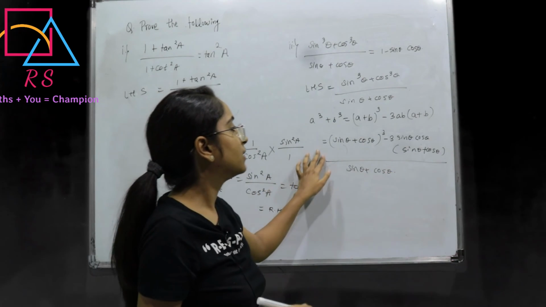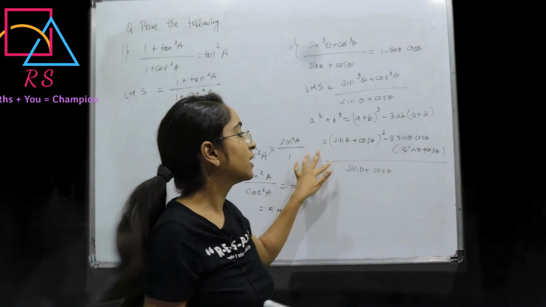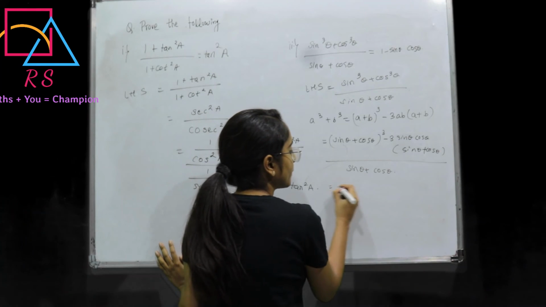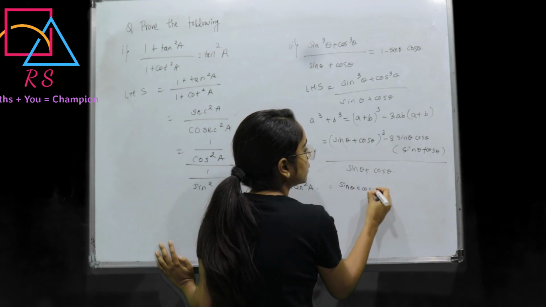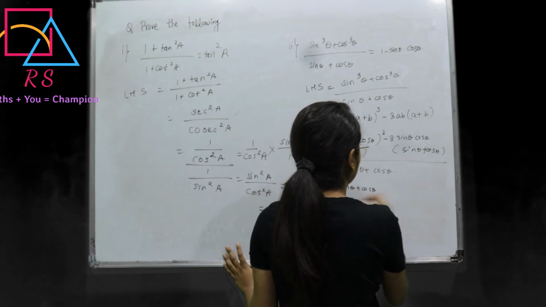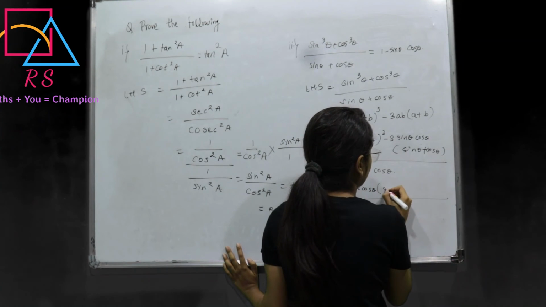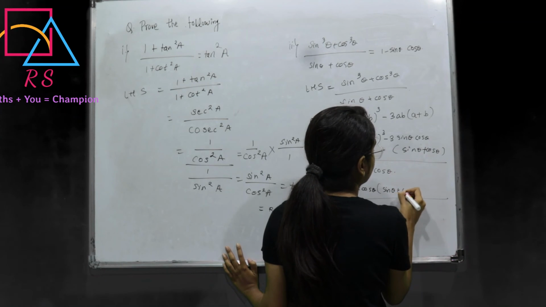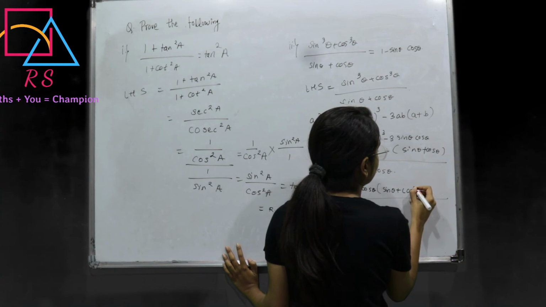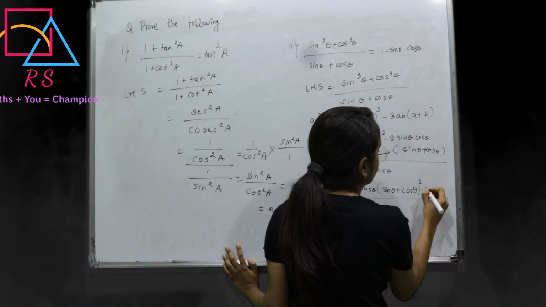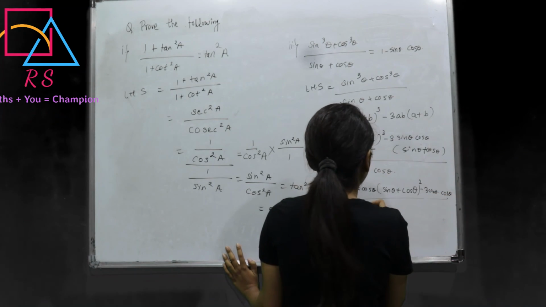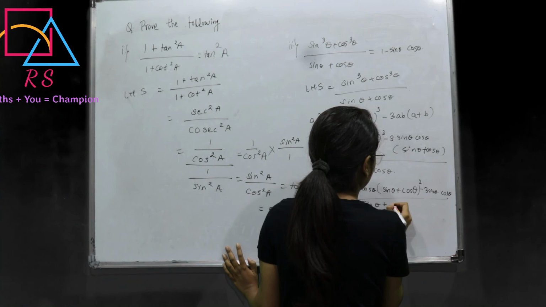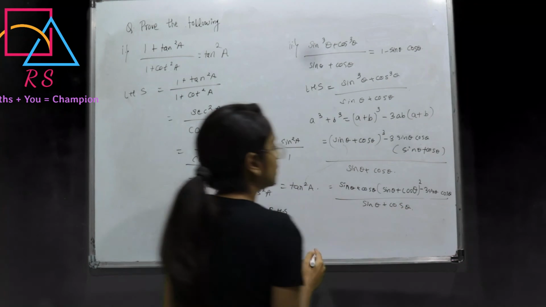Here sin theta plus cos theta we can take common in the numerator, and (sin theta plus cos theta) whole square will be remaining, minus 3 sin theta cos theta, upon sin theta plus cos theta in the denominator.